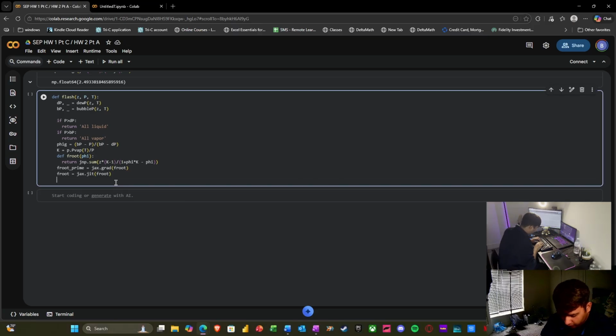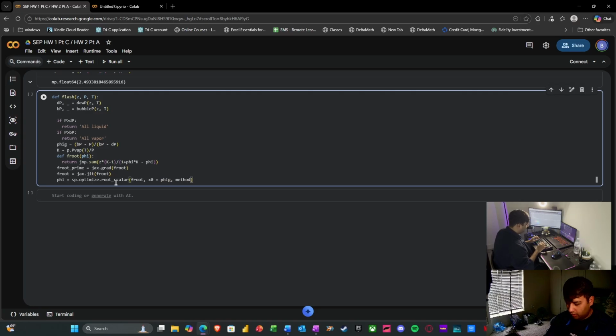Okay, so now we're going to try to find our vapor fraction, which is phi, and we're going to have sp.optimize.root_scalar, just f root, where our x naught is our guess.